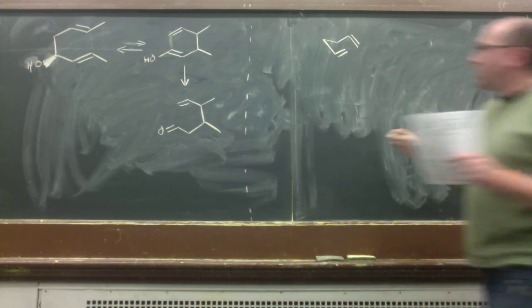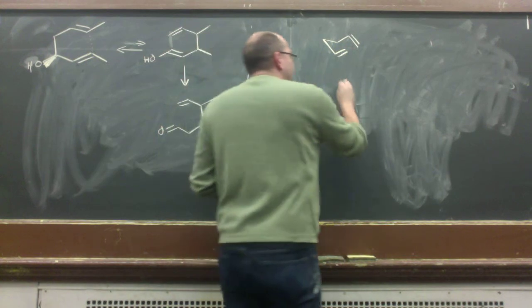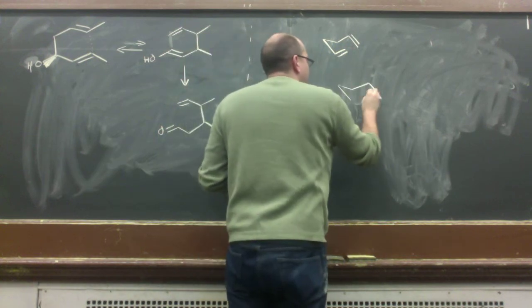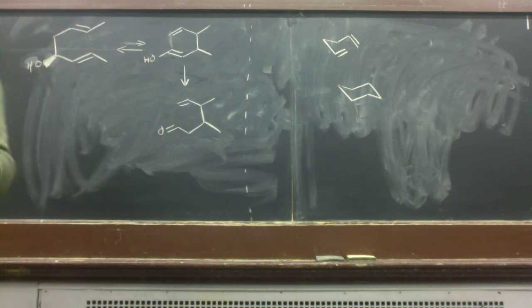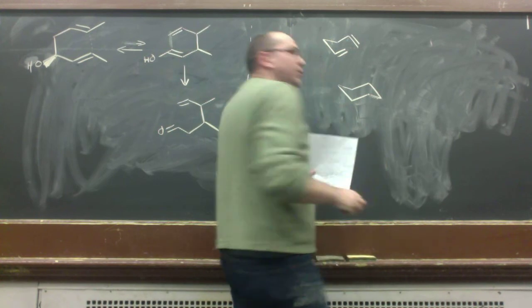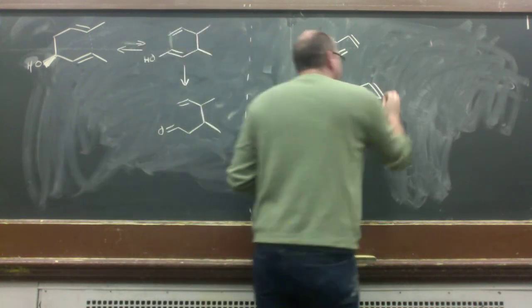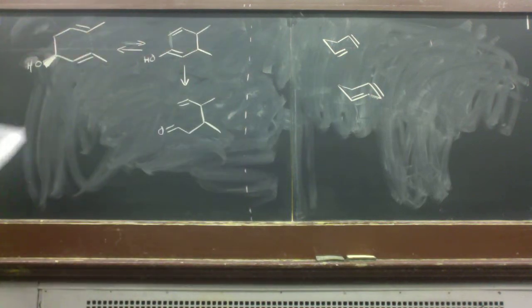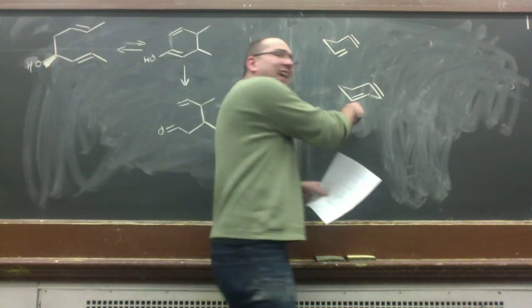If you want to start, like I said before, and I allow pencils on exams, you could certainly do what I just did before: draw that chair so that I have the chair conformation there, and then that's going to be the bond that I'm going to form. Then I'm going to have two alkenes here and here, and perhaps I'm going to start building from here. So let's say that this is going to be the alkene on the bottom, as I have drawn here.